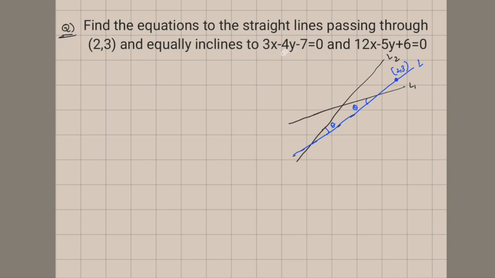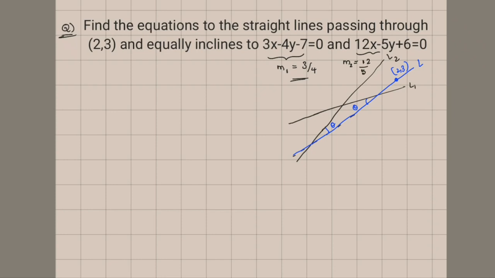The slope of this line is 3 by 4. Just reduce it to the slope intercept form, and you get the slope. Similarly, the slope of this line, which is m2, is 12 by 5.